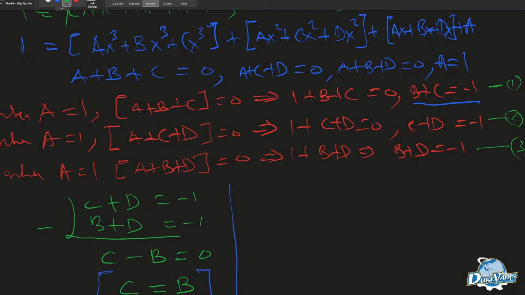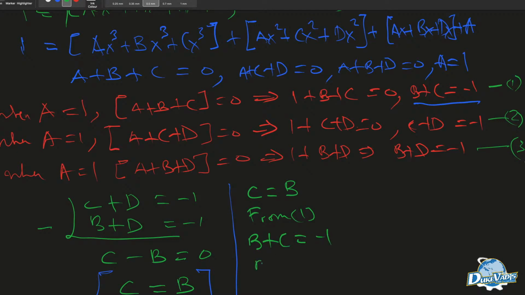Now, since now we have C is equals to B, okay, so from 1, I can say that B plus C is equals to -1.